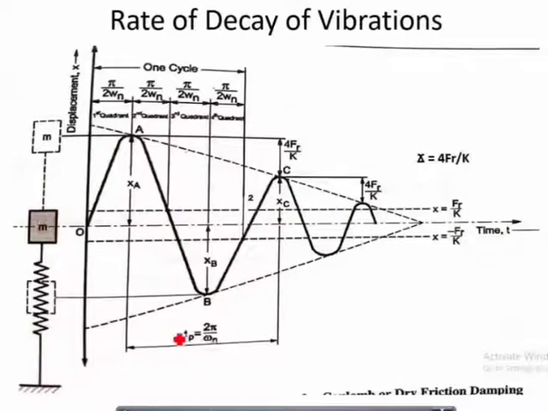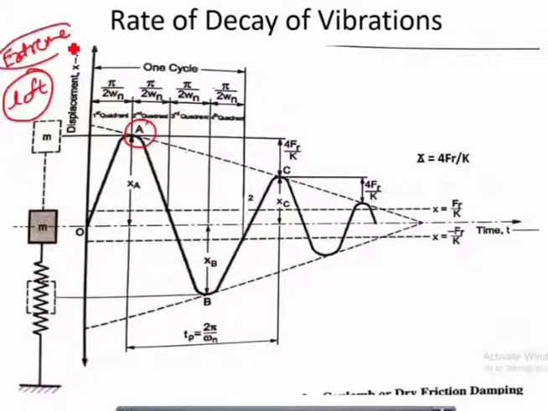Now let us say that we have to consider some starting point. What is the starting point? Let us say A is the starting point of the cycle. A is the starting point of the cycle means what? This is a left position, the extreme left position.